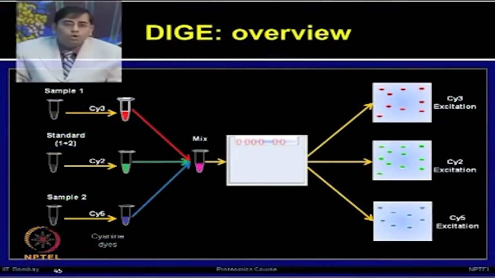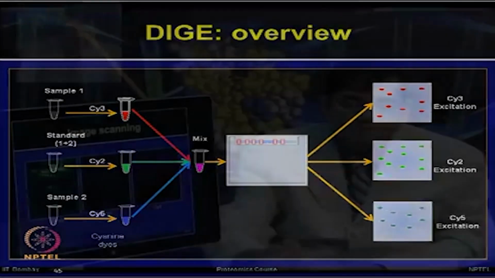So, this slide gives you an overview of the whole DIGE process, where one needs to mix Cy3, Cy5 and Cy2 dyes in one tube, resolve those on one gel by SDS-PAGE and then scan that one gel with different excitation and emission wavelengths to obtain 3 gel images derived from the same gel.